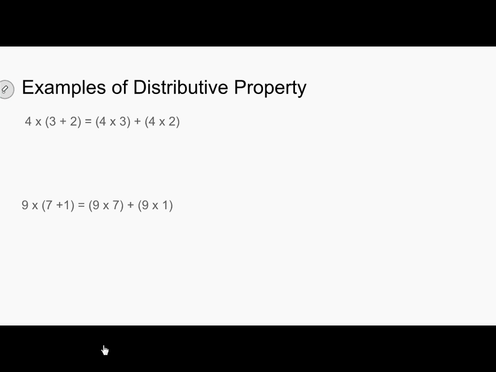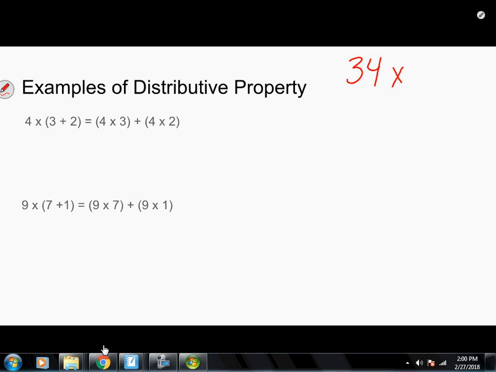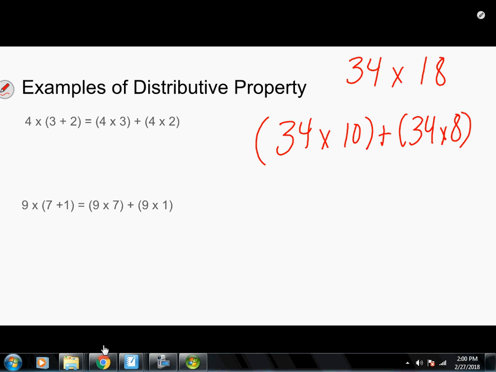I've also told you that this is super helpful when you've got large numbers and you're not sure how to multiply. So if you have like 34 times, let's say 18, and that feels awkward. What you can do is say 34 times 10 plus 34 times 8. That's a lot more manageable.